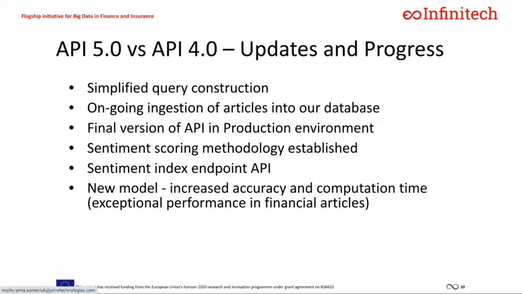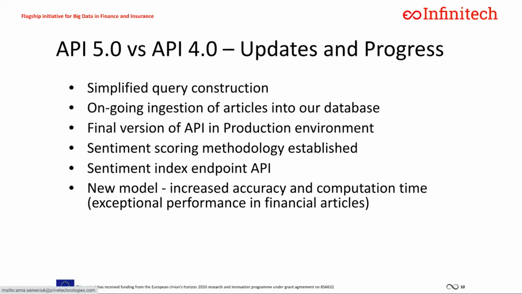So what's changed from version 4 to 5? We simplified the query construction. Every day we are ingesting new articles into our database, so we are trying to pick articles from all over the world every day.